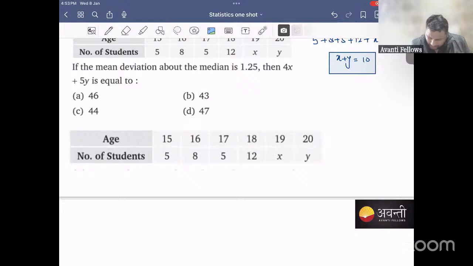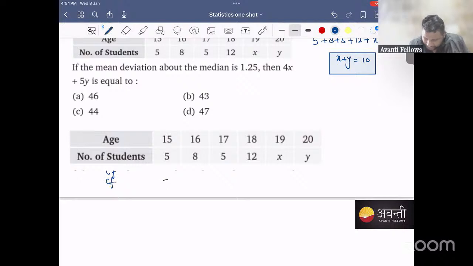Cumulative frequency: 5, then 13, then 18, 30, 30 plus x, and 30 plus x plus y, which is going to be 40.